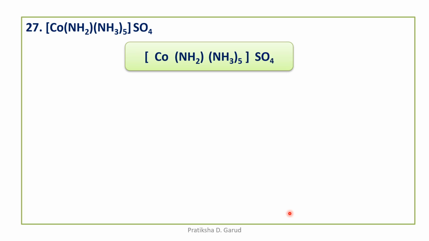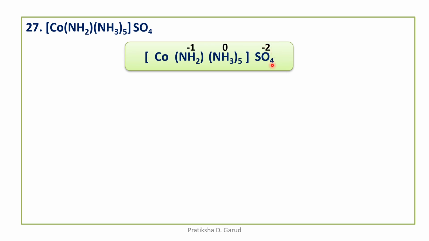Next example, [Co(NH2)(NH3)5]SO4. In this, cobalt is the central metal, NH2 is the negative ligand which is having a charge -1. NH3 is the neutral ligand, total charge is 0, and outside the square bracket sulfate SO4 which is having the charge -2.